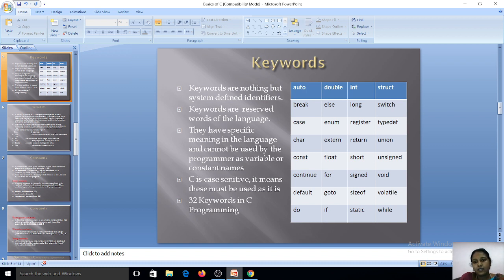For example, the keyword break is declared in lowercase letters. We have to declare that particular keyword only in lowercase. We cannot use it in uppercase, so it is case sensitive. There are 32 keywords in the C programming language.